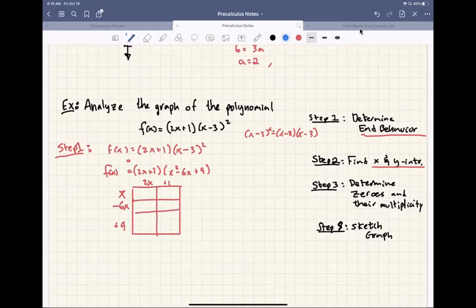So we're gonna have 2x to the power of 3 minus 12x squared plus 18x, and then plus x squared minus 6x plus 9, which is going to mean that f of x is equal to 2x cubed minus 11x squared plus 12x plus 9.